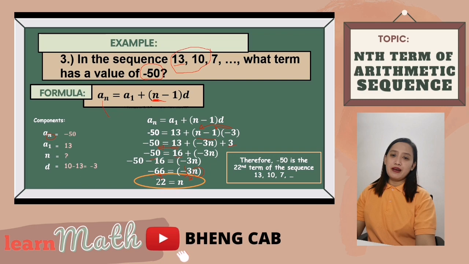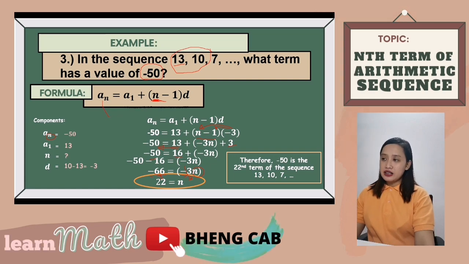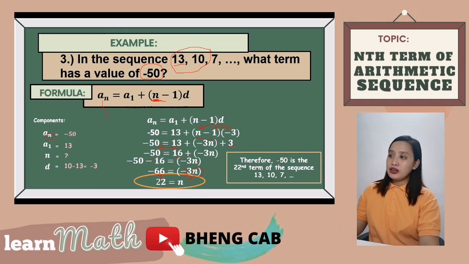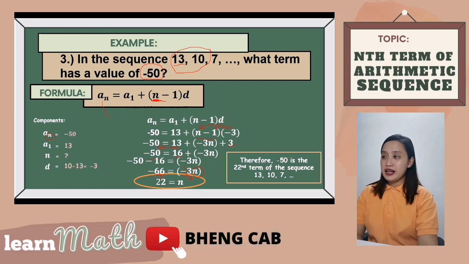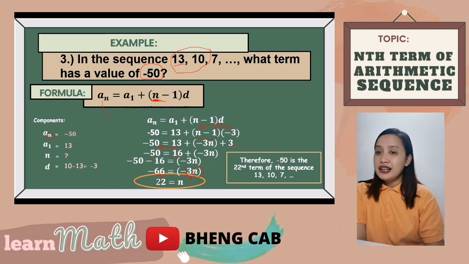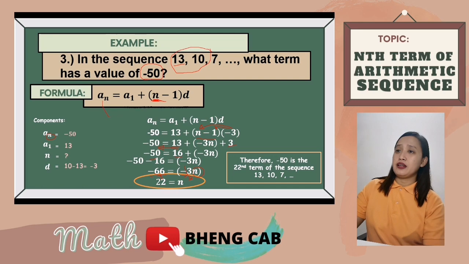Yung una at pangalawa, parang mas madali siya kasi yung pag-simplify natin sa equation ay simple lang. Unlike here, we have to perform distributive property. Kailangan mo mag-distribute ng value dun sa parenthesis na meron tayo. Unlike dun sa unang dalawa, smooth lang yung pag-simplify natin.